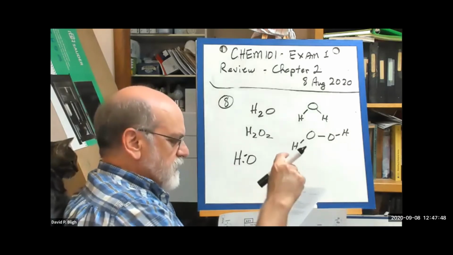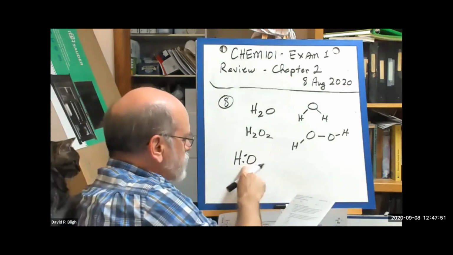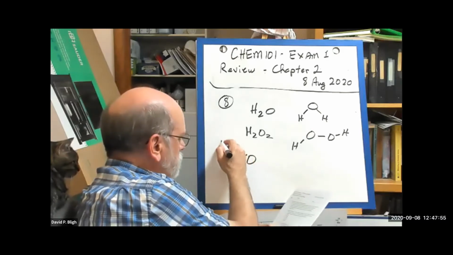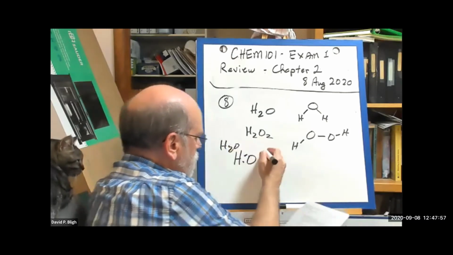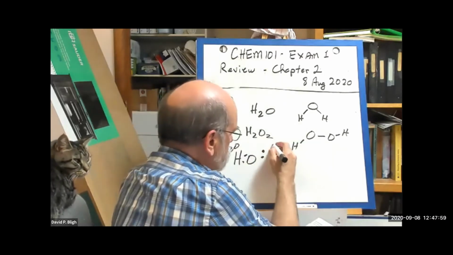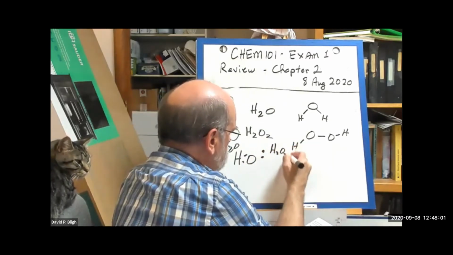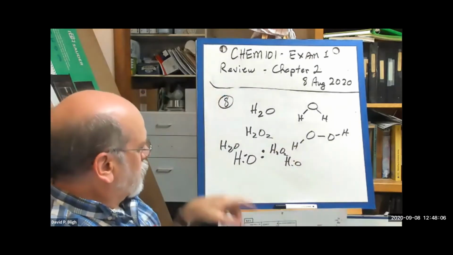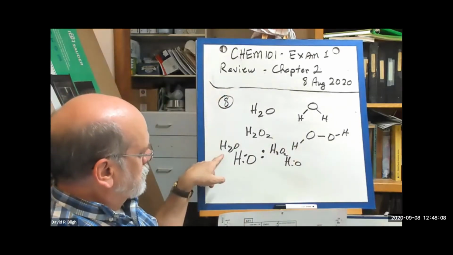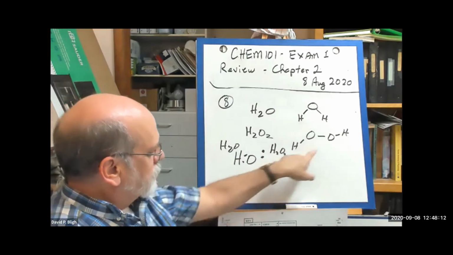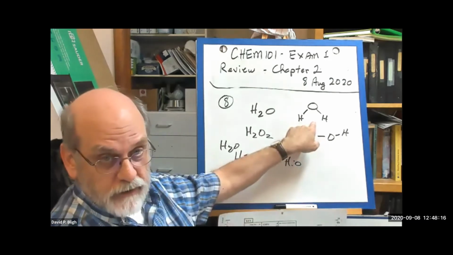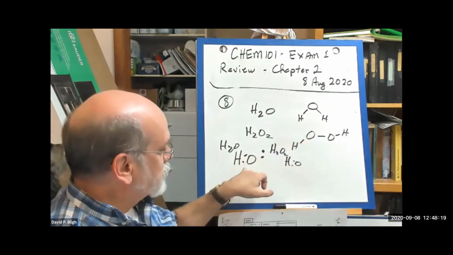And this is the ratio of hydrogen to oxygen in water, and then the ratio of this one compared to that one. So this one, the ratio is 1 to 1. And this one, the ratio is 2 to 1. So combined, it's 2 to 1.